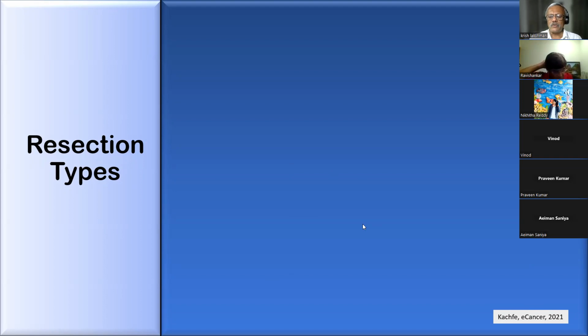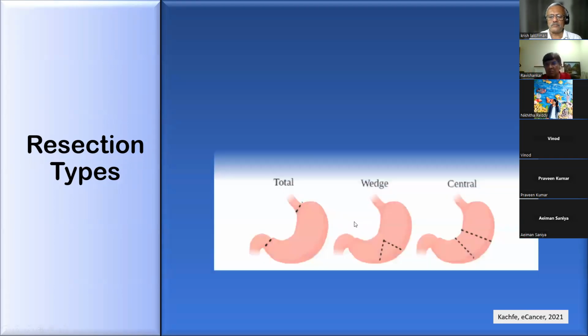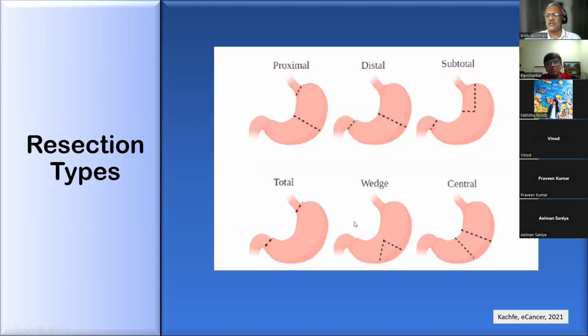Okay. So when we talk about resections, we have to free the stomach from its attachments. We talked about the ligaments in the anatomy part of it. So depending on what part of the stomach we take out, we have to release those ligaments.